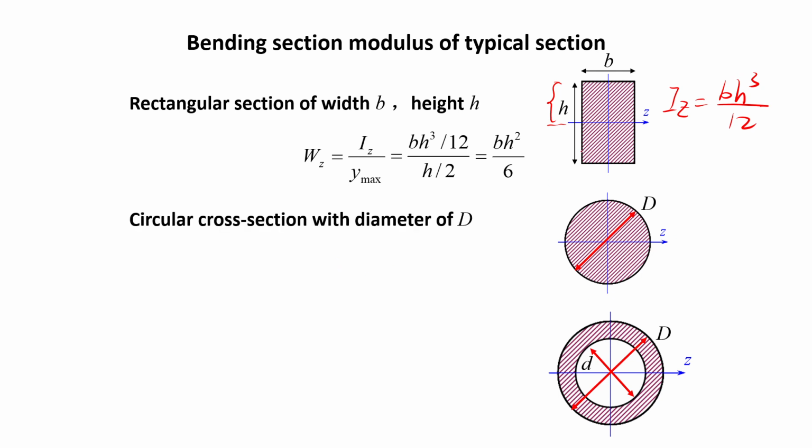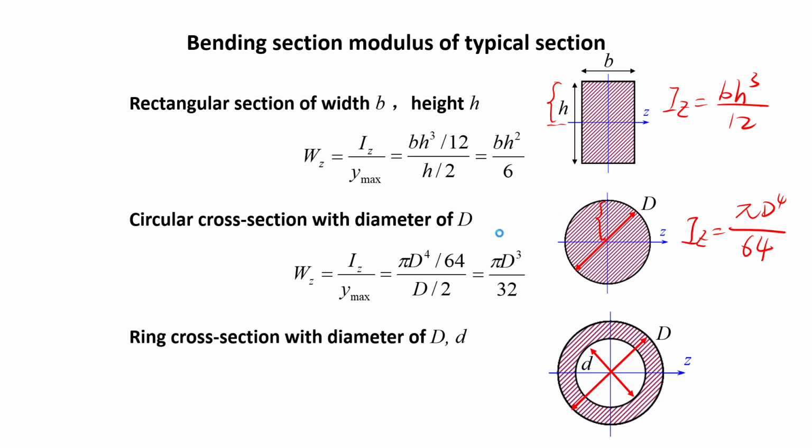And for circular beam sections, similarly, we know the Iz. Iz is pi d to the power of 4 divided by 64. And y max again is this distance, it's half of the diameter. So we get the answer.